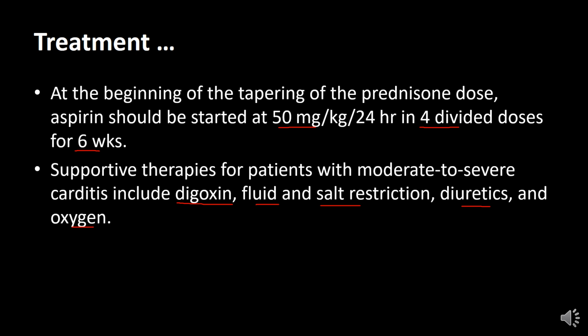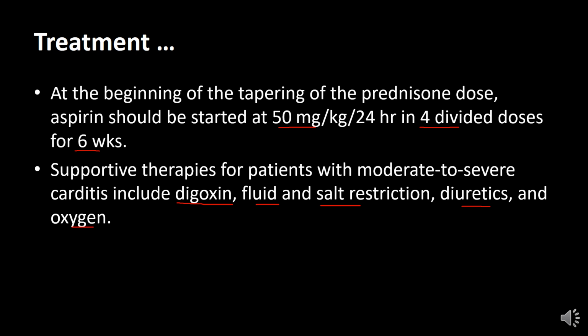But of importance is to understand that children who present with carditis plus cardiomegaly and heart failure should be started on steroids. The steroid of choice is prednisolone, 2 milligrams per kg per day in divided doses. You give that for 2 to 3 weeks, and then you reduce the dose to 1 milligram per kg per day, another 2 to 3 weeks, and then you start tapering off the steroid slowly.